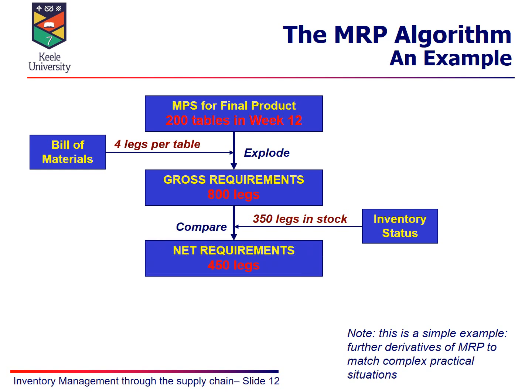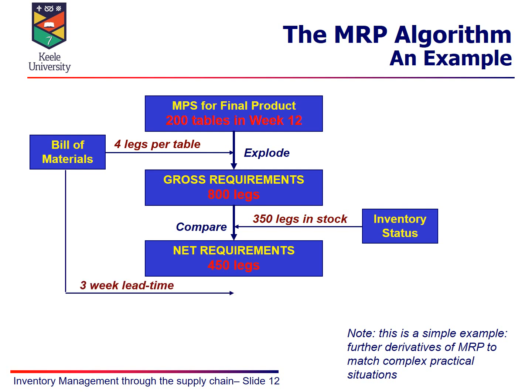So 350 legs in stock, we want 800 legs. So our net requirements are 450 legs. Okay, we've already got 350, so in this simple example, we're only going to order 450.